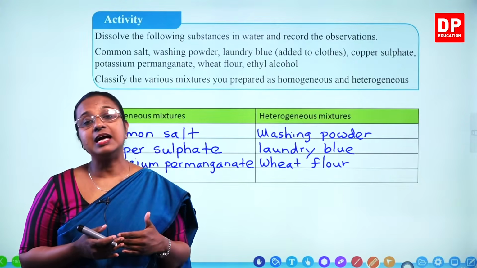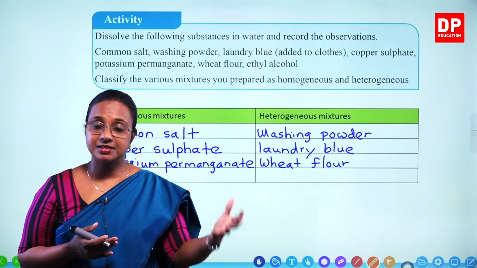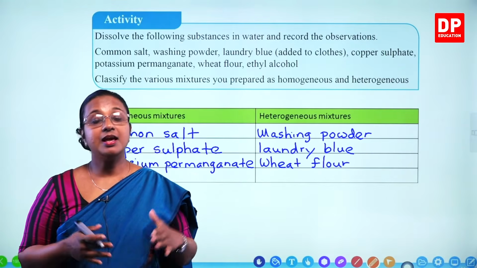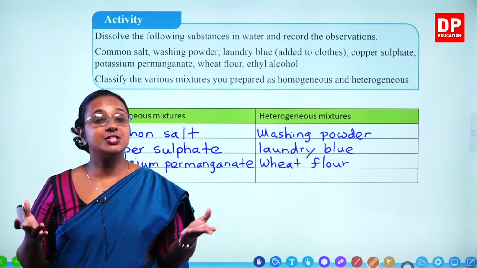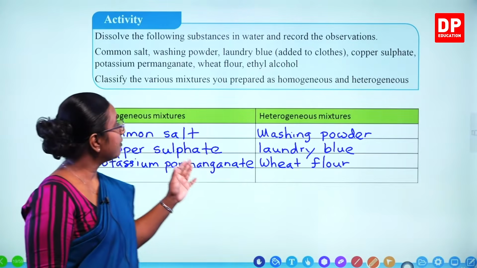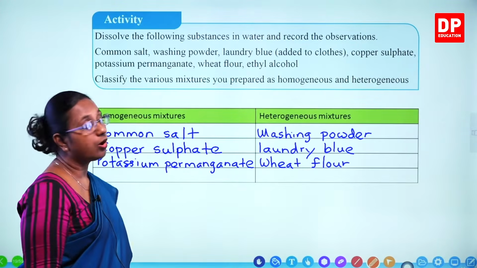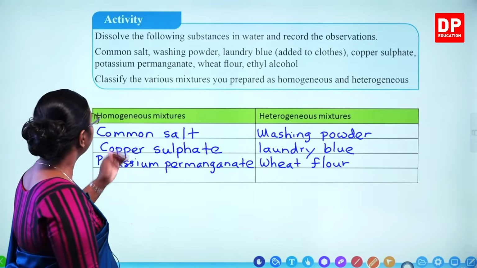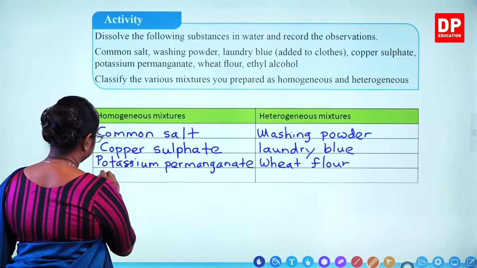The color and the transparency are uniform throughout the solution. Therefore, the ethyl alcohol mixture is a homogeneous mixture.